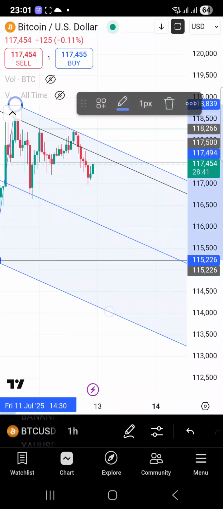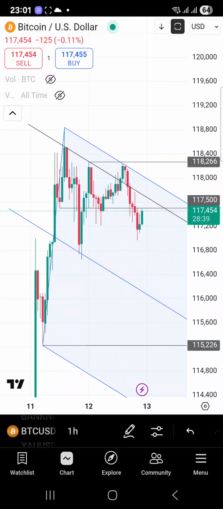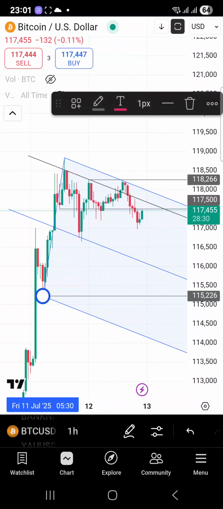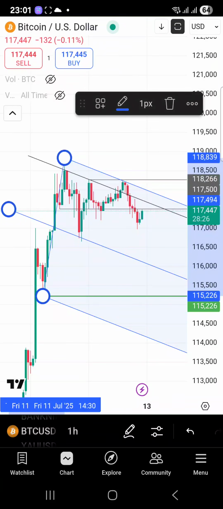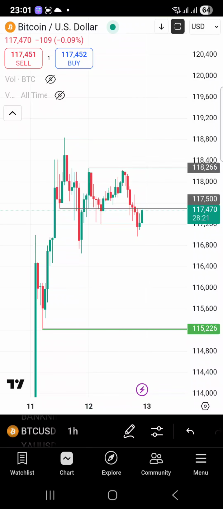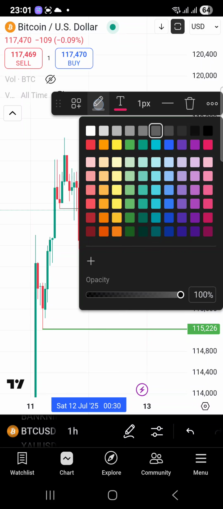The price can even reach the bottom line of the pitchfork, but we expect at least a 1 to 3 risk reward ratio, so our target is this horizontal black line. I'm going to indicate this in green color. I'm going to erase the rest of the lines for ease of simplicity, and this could be our stop loss point.